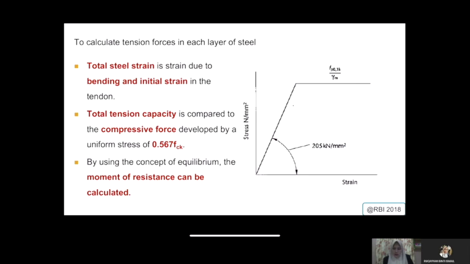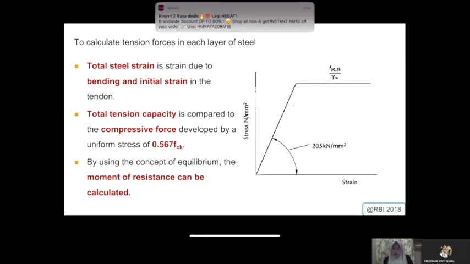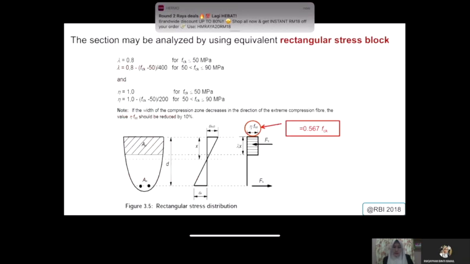What you see here next to the figure is a very common tendon stress-strain curve. The ultimate tendon stress is divided by gamma m, which is 0.9, with the E given here as 205 kN per mm square.